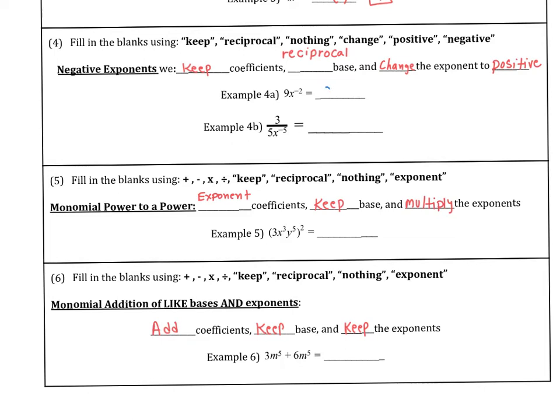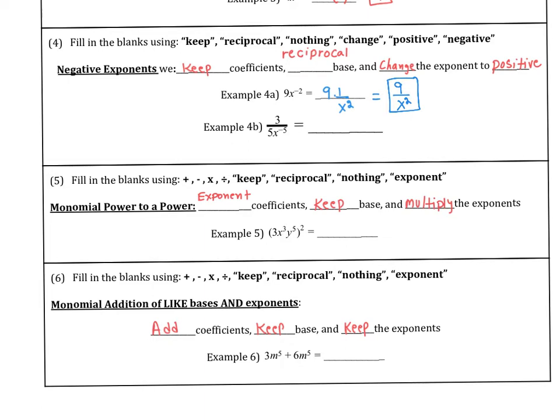And then we are going to take the reciprocal, so 1 over x to the power 2, and change the negative exponent into positive 2. Now you know that 9 times 1 is 9, so we can just write this as 9 over x to the power 2, and that's going to be your answer.